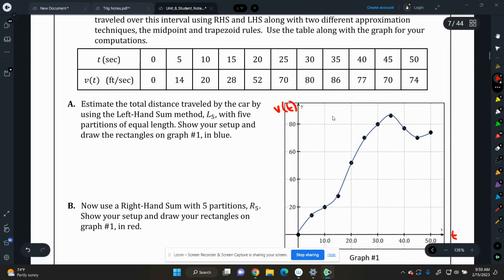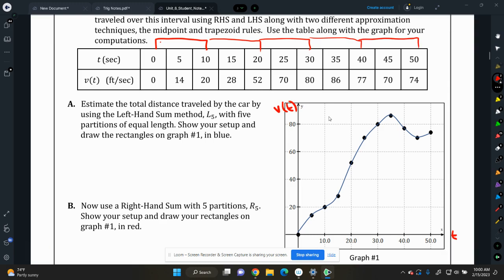Estimate the total distance traveled by the car using the left-hand sum approximation with 5 partitions of equal length. Well, I've got 1, 2, 3, 4, 5, 6, 7, 8, 9, 10, 11 points if I start at 0. Five of equal length. So it looks like I have one rectangle, 2 rectangles, 3 rectangles, 4 rectangles, 5 rectangles.